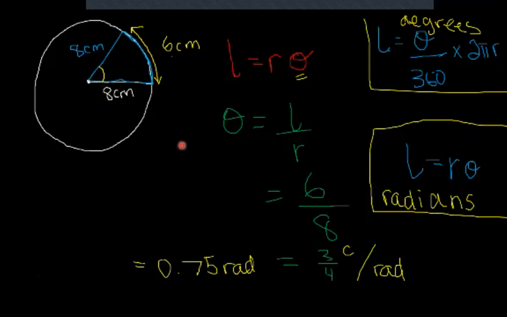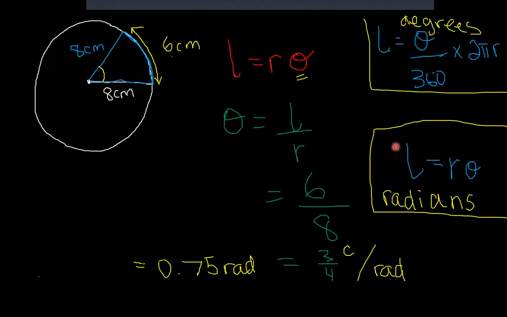What I was saying is that this formula, I mean, you could have used this one, don't get me wrong. But that's not the point of this exercise, right? It's to use radians. Because most likely in your exam, they would ask you to find the value of theta in radians. So that's why I use this formula. L is equal to R theta.